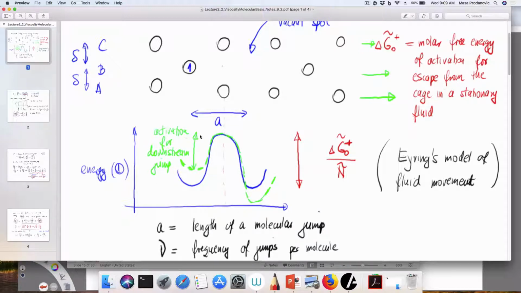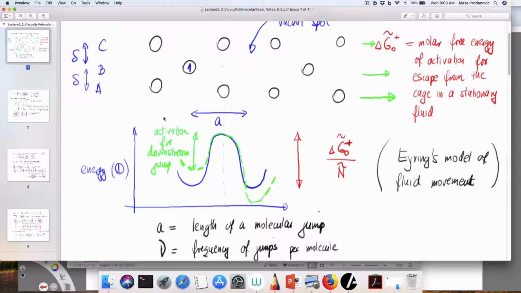So this is now my energy of activation if there is a shear force of fluid acting from the outside. If I was going upstream, you can imagine that you would be jumping from here to here, so you would need to overcome this entire thing to actually jump upstream. That's how schematically we interpret this energy.